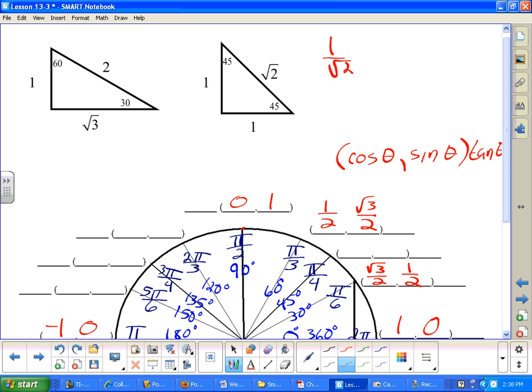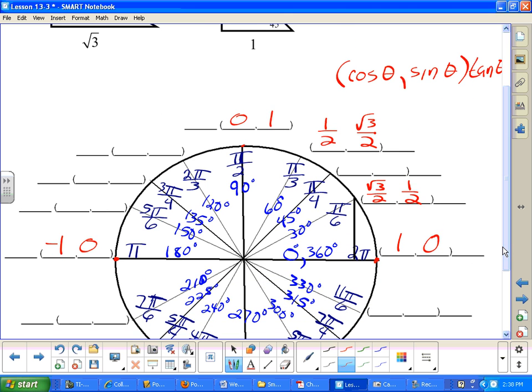We actually have to change that. So at 45, it's square root of 2 over 2.